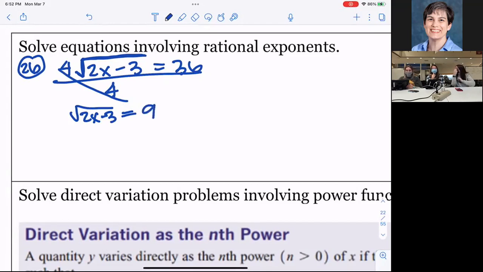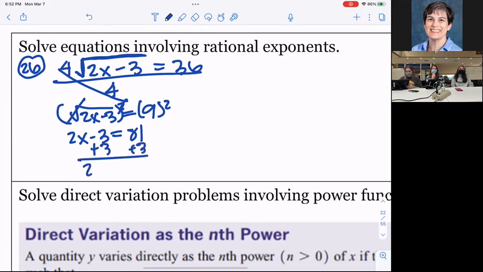In order to get rid of this square root, we're going to square both sides, and that's going to cancel out. We're left with 2x minus 3 equals, no, equals 81, thank you. Now finishing this off, we add 3. So 2x equals 84, over 2. So x is going to be 42.